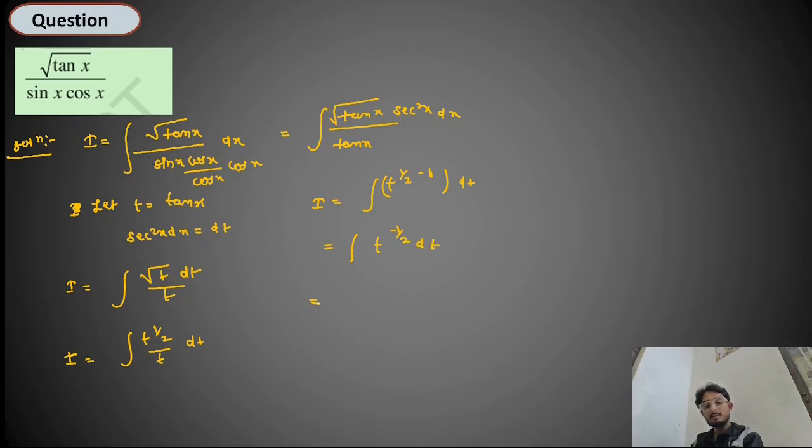Integrating, we get t raised to power minus 1 by 2 plus 1 upon minus 1 by 2 plus 1, which is t raised to power 1 by 2 upon 1 by 2. Reversing the fraction, you get 2 t raised to power 1 by 2. The value of t is tan x, so it is 2 root tan x. This is the final answer.